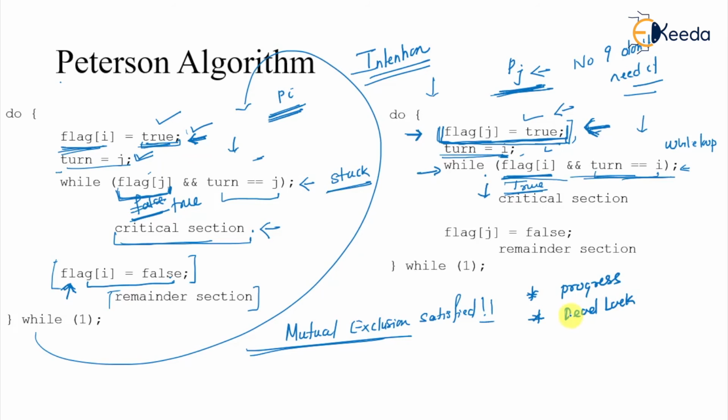Deadlock is also not occurring, and bounded time means that once the intention is shown that a process wants to enter into the critical section, it will not be held indefinitely. Either way, once the intention is there, definitely one will go. And even if another one is successful, the last statement will make sure that the other process goes in as soon as the critical section is completed.